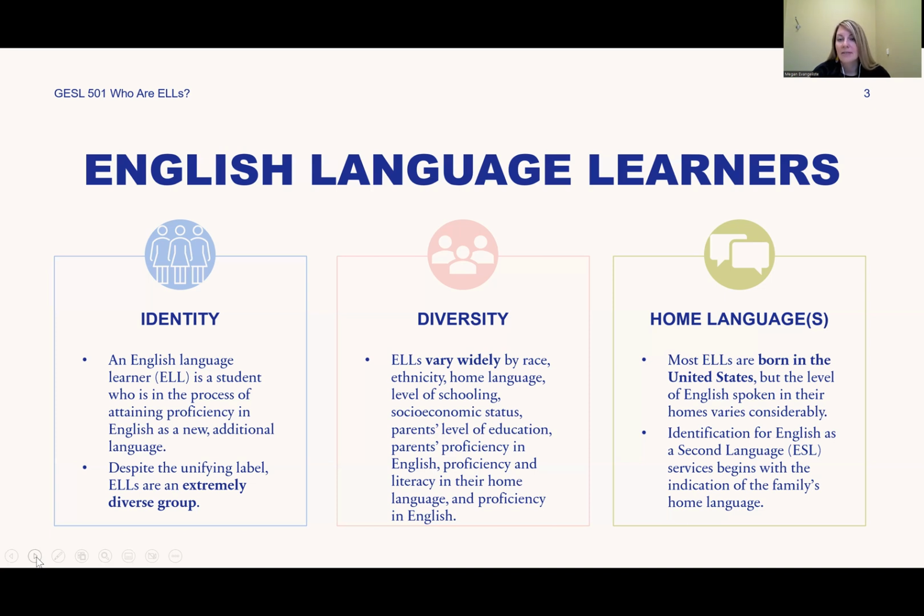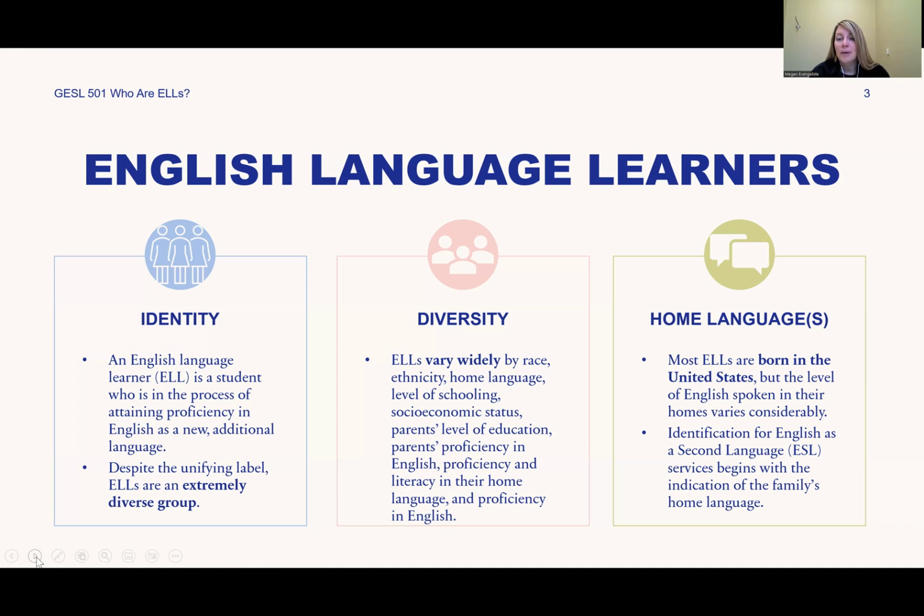They have varying levels of English proficiency themselves, and also literacy in their home language. So they may be coming from refugee camps where they had limited to no formal schooling, so limited reading and writing literacy abilities in their home language. That all impacts the way our students learn in our schools.